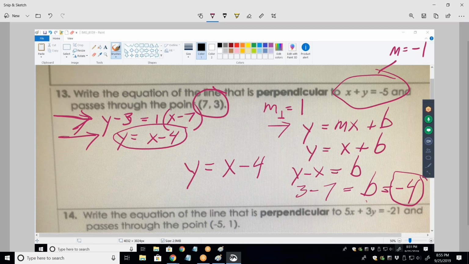And this is the point-slope answer, not this. That's the slope-intercept answer. The point-slope answer is y minus 3 equals x minus 7.